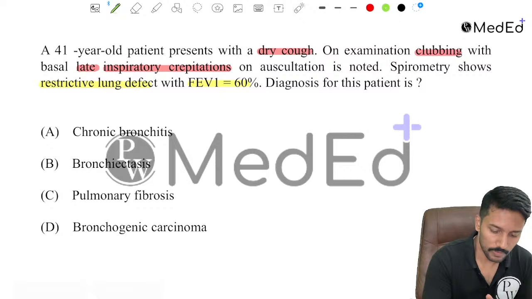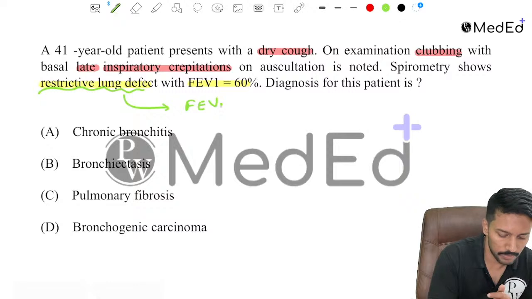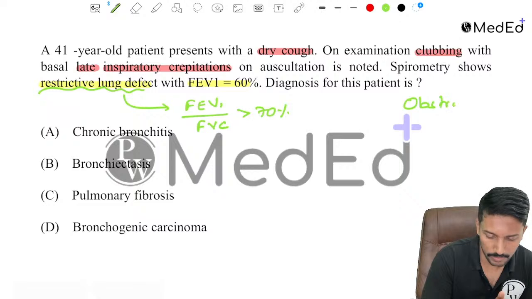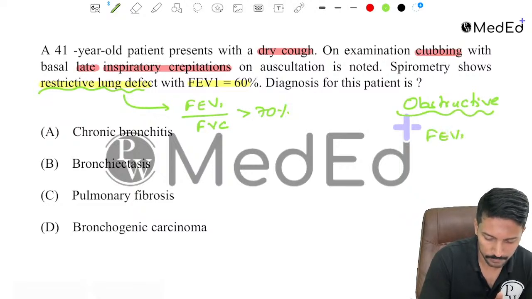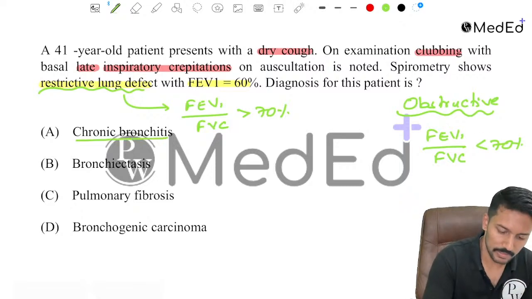Now, they have clearly mentioned that it is a restrictive lung defect. What does that mean? That means the patient's FEV1 by FVC was more than 70%, right? If it is a case of obstructive lung disease, then the patient's FEV1 by FVC would be less than 70%.